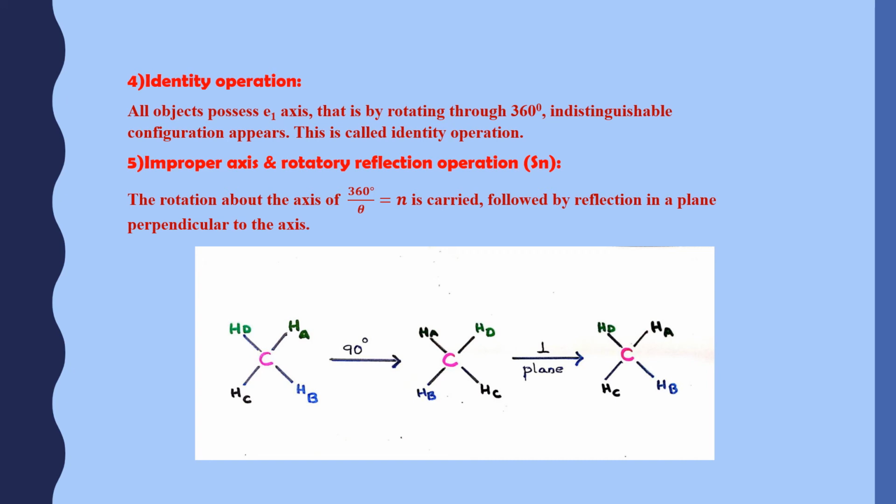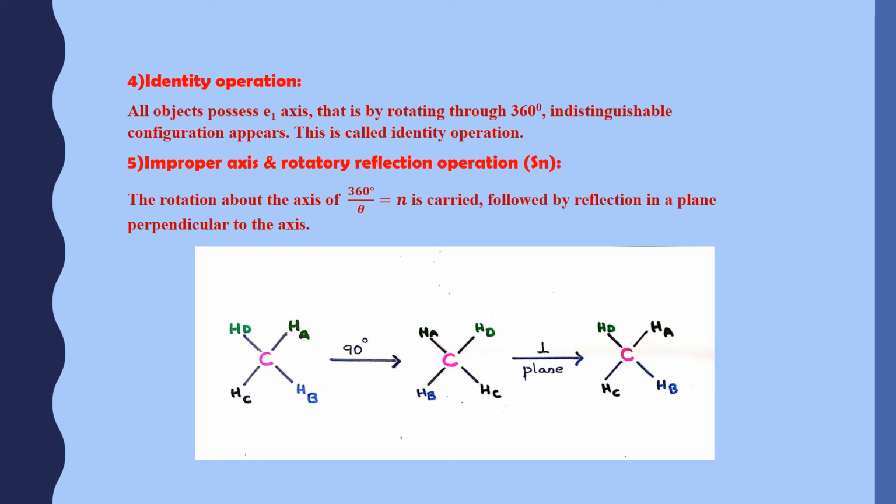Clear? Next, fifth one, improper axis and rotatory reflection operation, denoted as Sn. What is this symmetry operation?